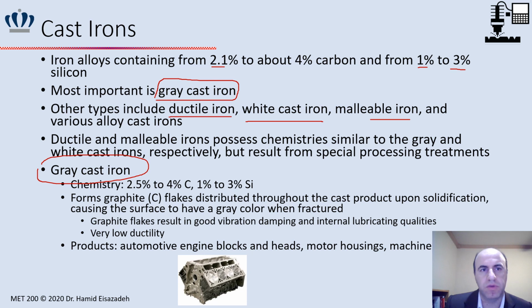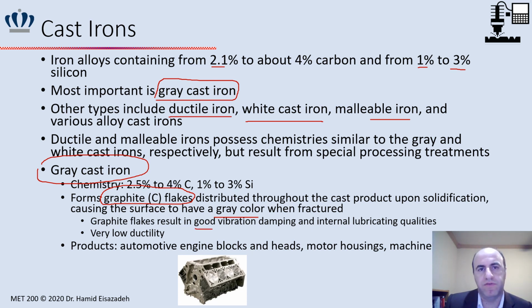In the cast iron, what happens? We have graphite flakes that are going to be distributed uniformly during solidification. Because of this carbon graphite, we have a gray color. Then this graphite has some benefits.